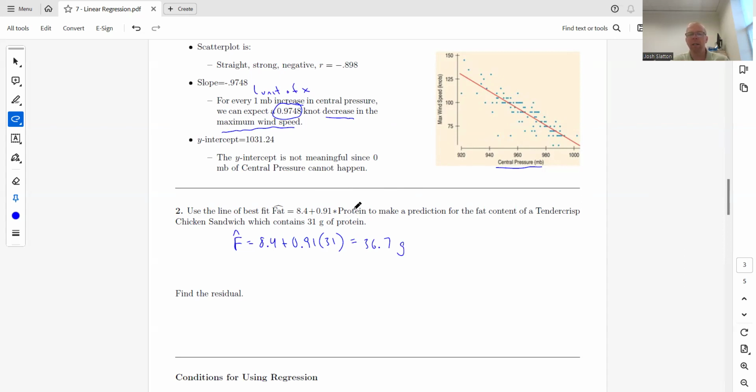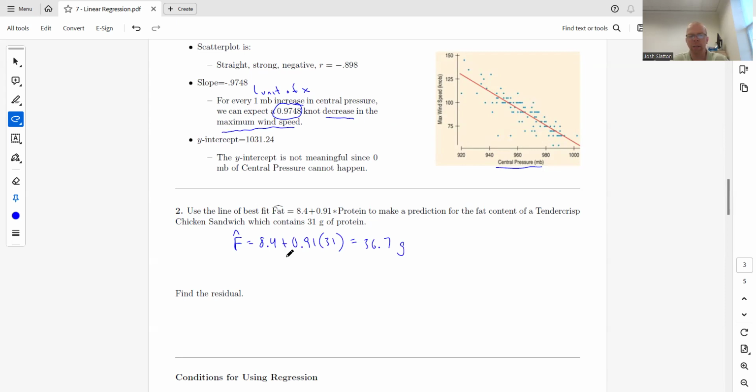If you asked what you would predict the fat content to be for an item with this many milligrams of sodium, you would still just plug it in, and you do not have to change units to convert it to grams, because it's automatically going to do that. Whatever the units are here is fine. Whatever the units are here will be fine. You never have to convert units, in other words, so don't worry about that. And it's obvious when you have one like this where they're completely different. You can't convert millibars to knots anyway. But it can be a little bit confusing if you see milligrams here and grams here, but you do not have to convert. Never convert, just plug it in and you get what you get.